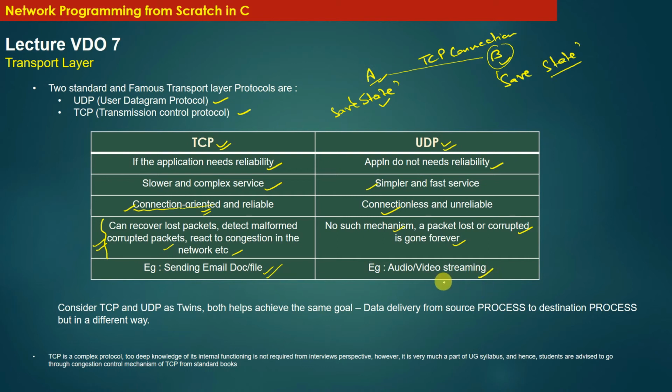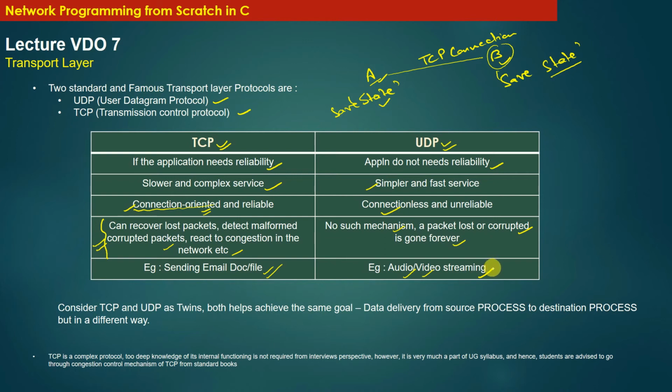And in other scenarios where audio or video streaming is going on, even if there is some data packet loss in the network, it will marginally affect the quality of the audio or video, which you will hardly detect.